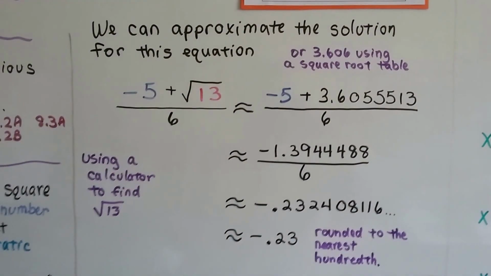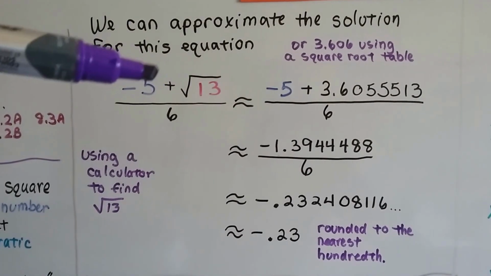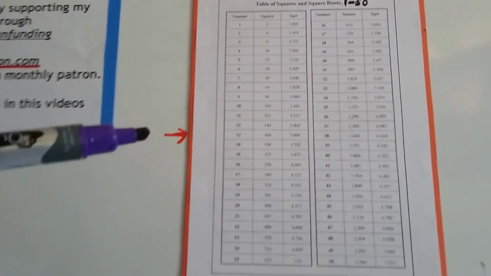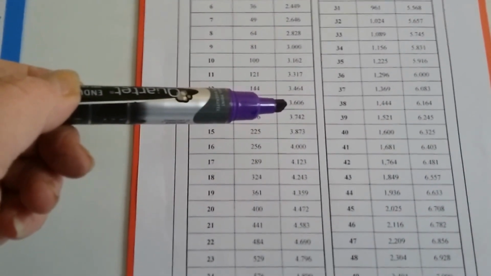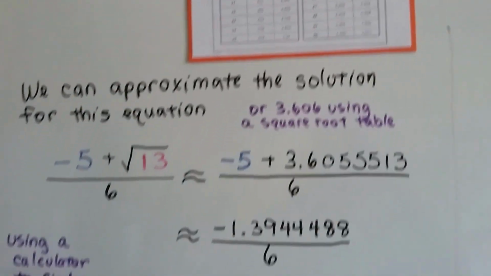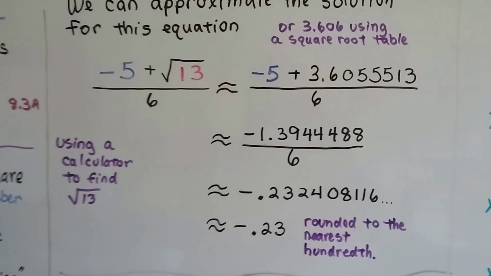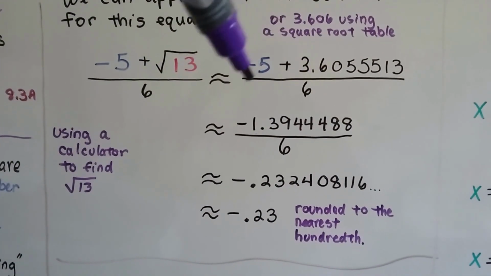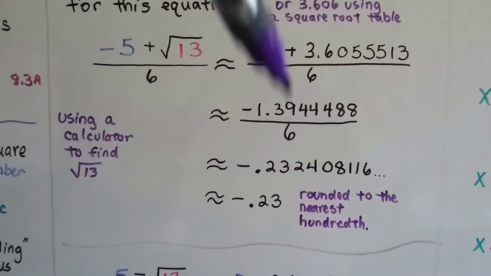So we can approximate the solution for this equation. This negative 5 plus the square root of 13, if we use a square root table in the back of the book, we just look for where 13 is, and we see it's 3.606 right there. I used my calculator, though, so I got this nice long approximation, and we do the addition here and get negative 1.3944488 divided by 6.